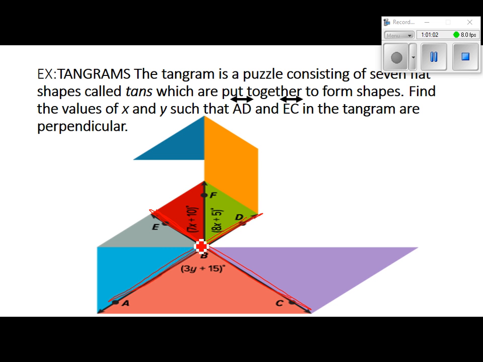Okay, 7x plus 10, plus 8x plus 5, equals 90. Now, that angle actually equals this angle, because what kind of angles are those two to each other? This whole thing and this whole thing, what kind of angles? Vertical angles, so they have to be congruent.